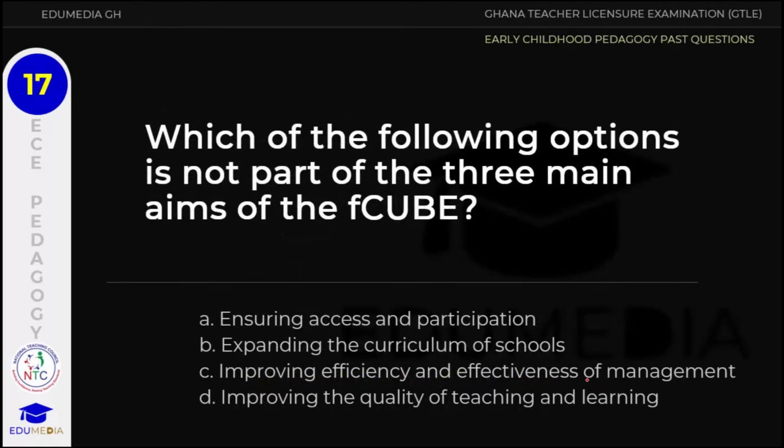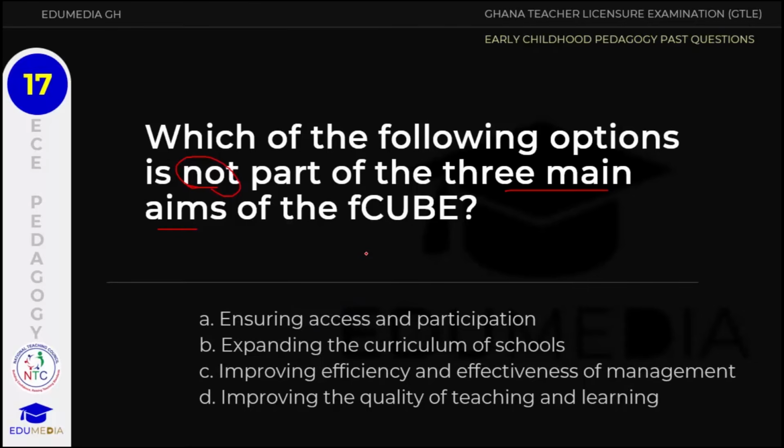Question 17. Which of the following options is not part of the 3 main aims of the FQ? A, Ensuring access and participation. B, Expanding the curriculum of schools. C, Improving efficiency and effectiveness of management. And D, Improving the quality of teaching and learning.